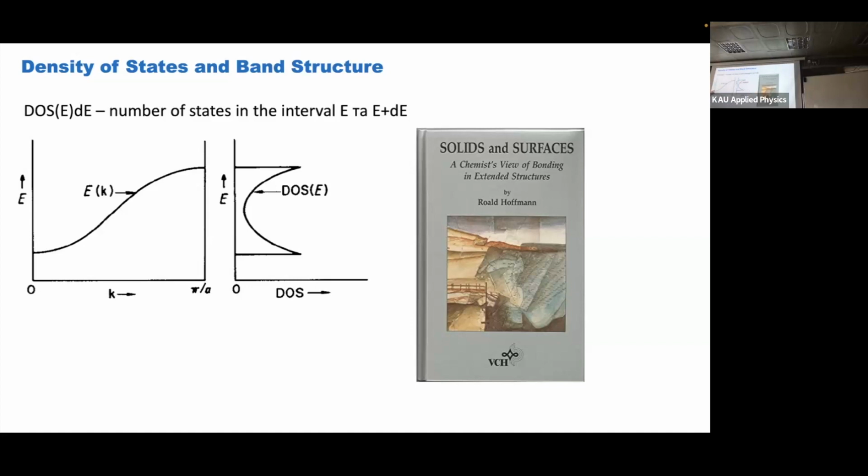I can build this energy. Here is the energy spectrum, how energy depends on k, on this wave vector. It's just a very simple band structure, a parabolic band structure. But what will we see for DOS? For DOS, we'll see some plot.